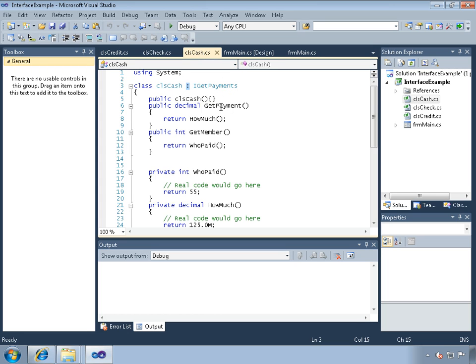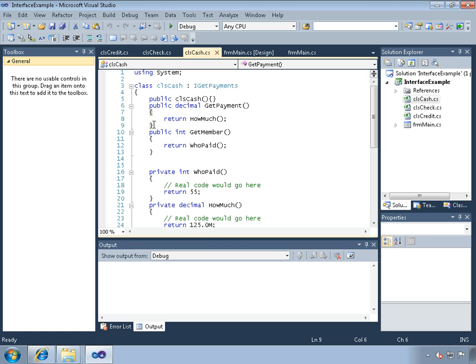Only in this case, you're going to pass in an interface name instead of a base class name. So that tells me that this class is going to use an IGetPayments interface. By definition, then, this class must have definitions for getPayment and getMember.